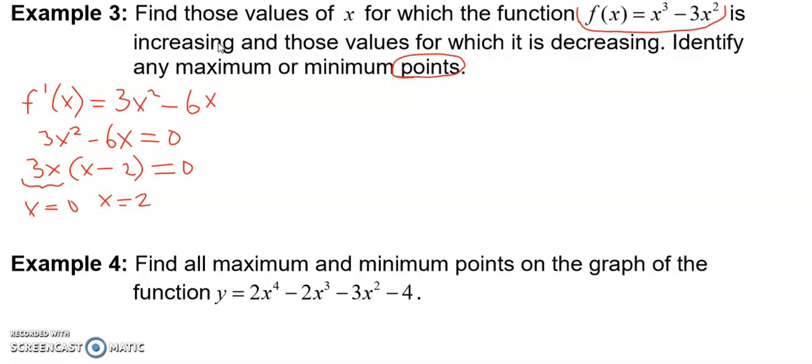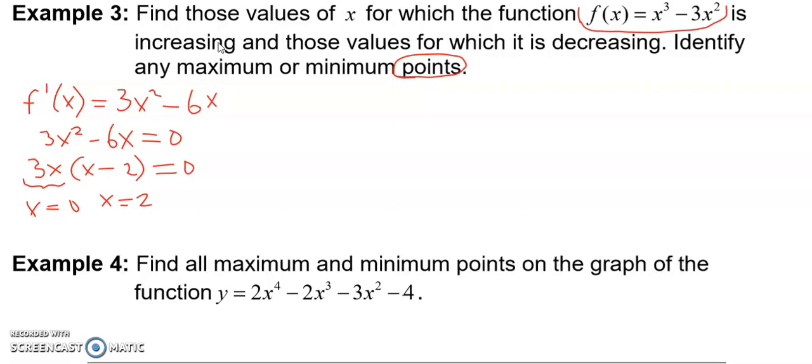And now if you wanted to, you could at this point even plug those back into the original function. It's not that difficult of a calculation to do. So for example, if x is equal to 0, you might as well get the y values now because you're going to need them. If you plug 0 back into the original function, you get back another 0. So 0, 0. That's the same thing that we got back on the first page.